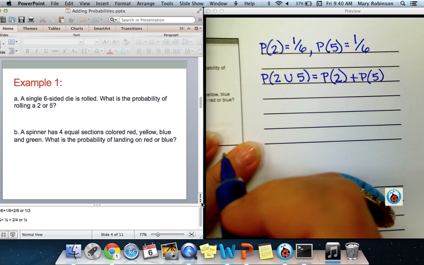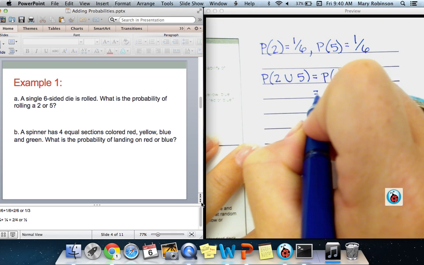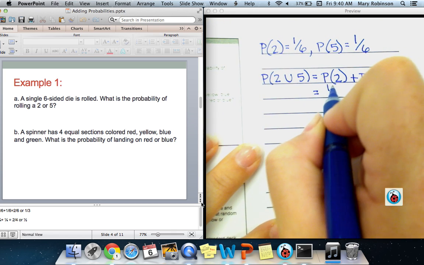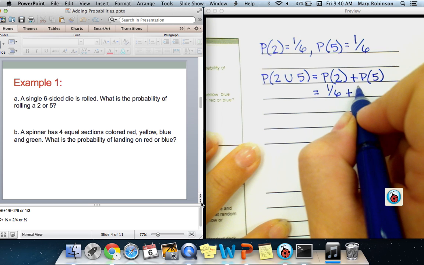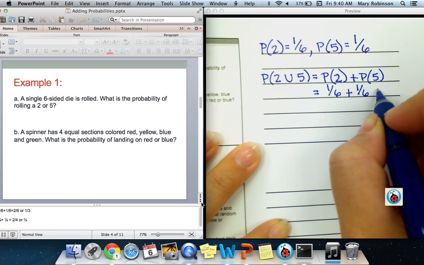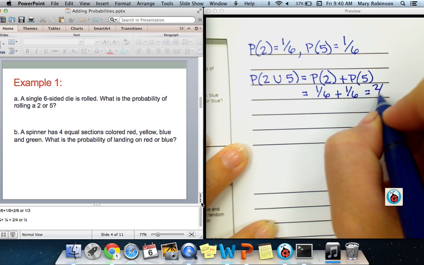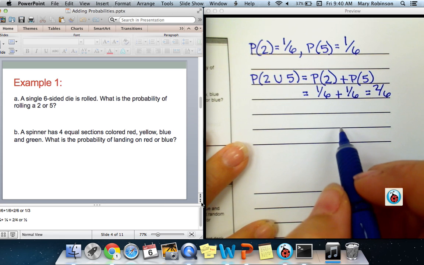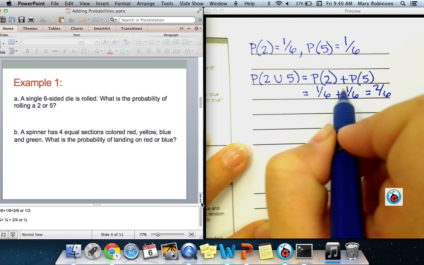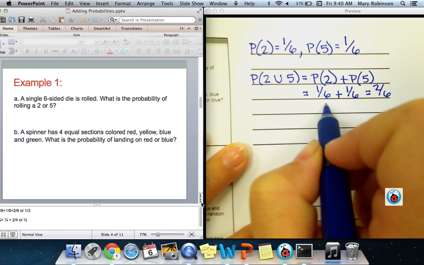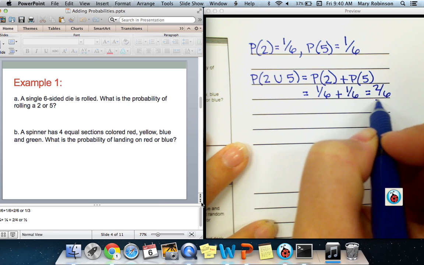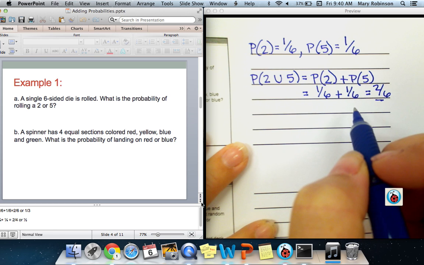So that's substituting it right there into our addition rule. Since the probability of rolling a 2 is 1 over 6, and the probability of rolling a 5 is 1 out of 6, I simply add these together to get 2 out of 6. Remembering that when you add fractions, you only add the numerators, the denominator stays the same. That also means we need common denominators.